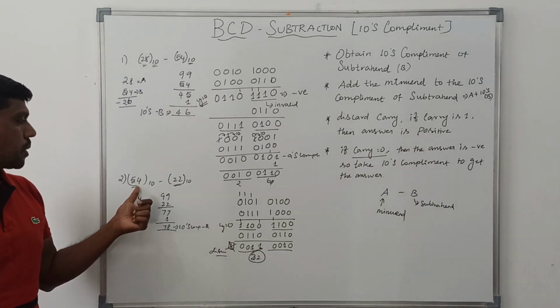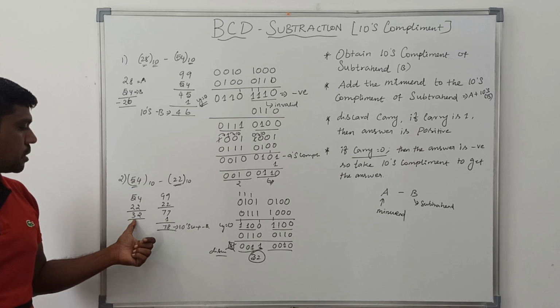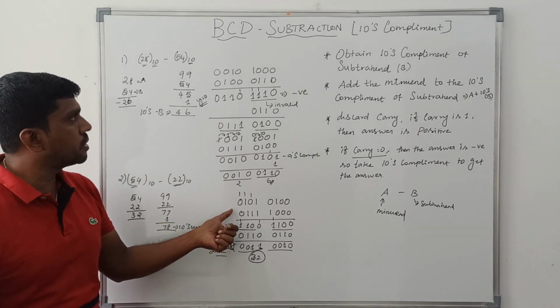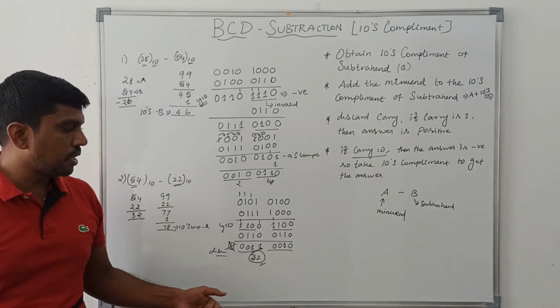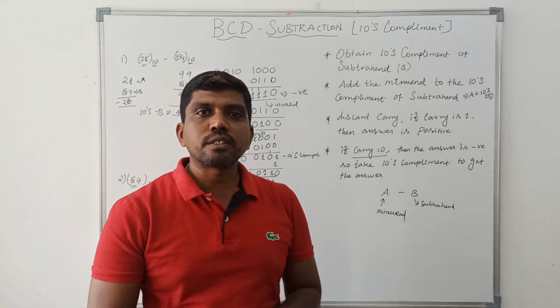Subtracting these two decimal numbers, the result is also 32. So after applying BCD subtraction using 10's complement, we get the same answer. I hope you understand the concept very well.